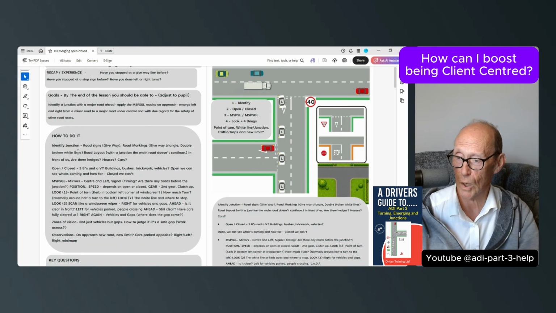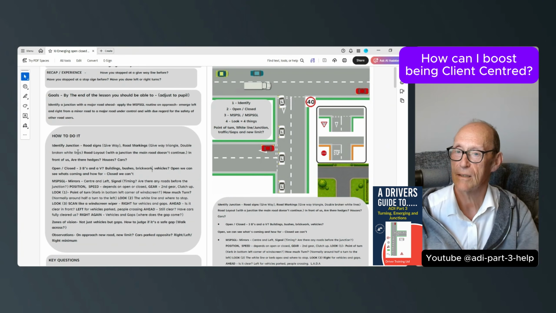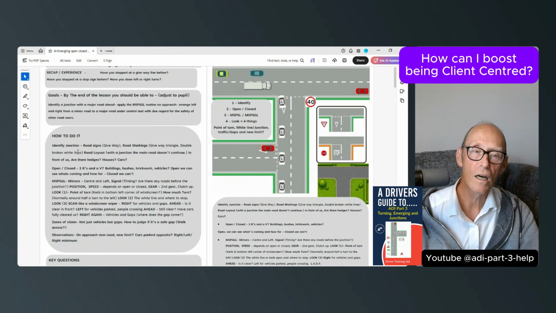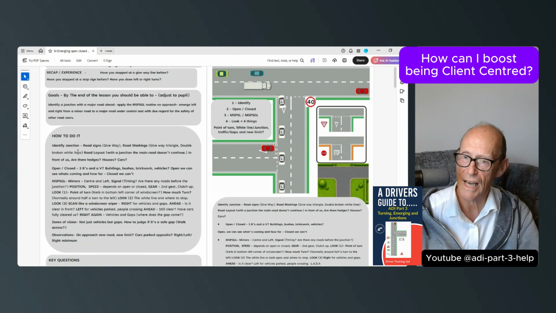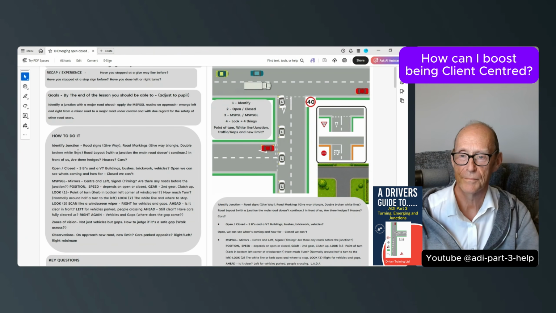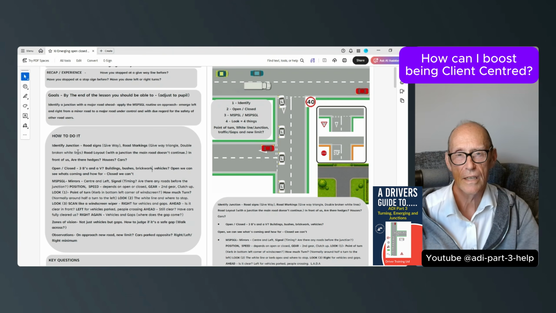Can you remember? You are right. There was road signs. There were road markings. What was the third way? Oh, yeah. The road layout. And what did that mean? Can you remember? Can you see all of this is client-centered learning?